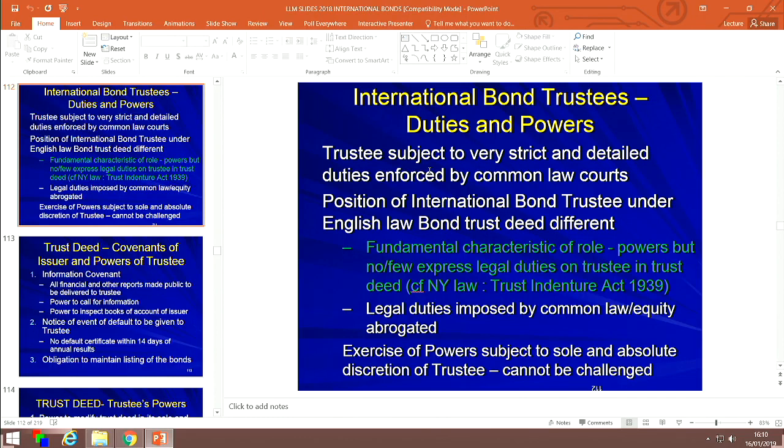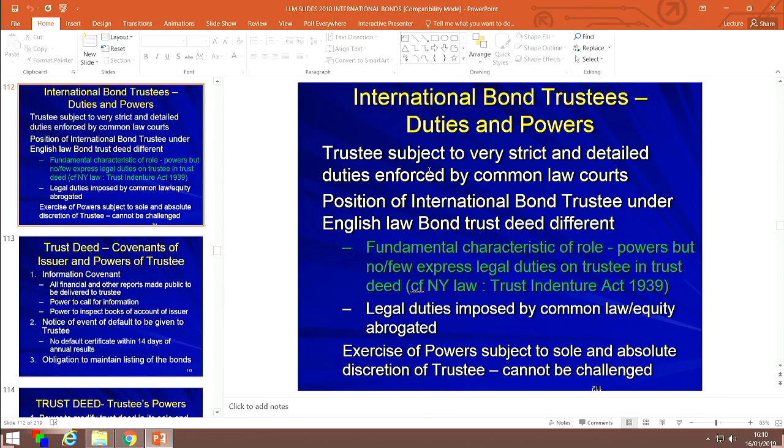That's the starting point. But an international bond trustee under an English law bond trust deed is a completely different animal, even though it is called a trustee under a trust deed.